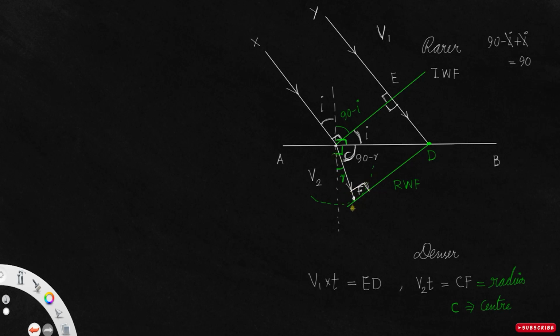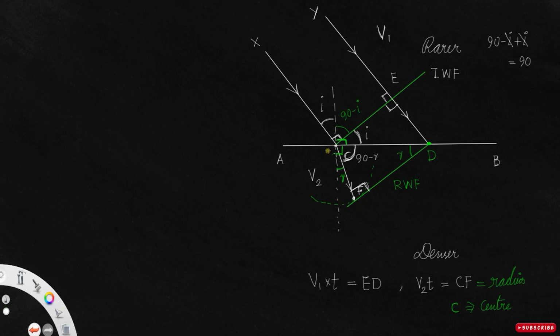That is, the refracted ray is always perpendicular to the refracted wavefront. In order to make the sum of the angles of a triangle 180, this angle should be R. Then only 90 minus R plus R is 90. That 90 plus 90 will make the angle sum property, that is the sum of the angles of a triangle 180. Clear?